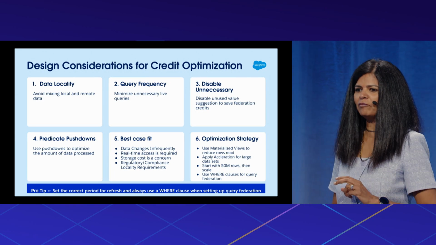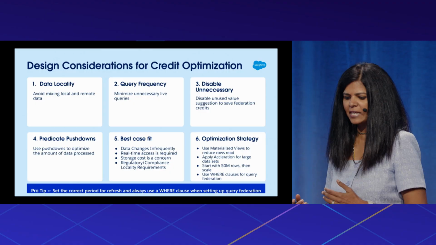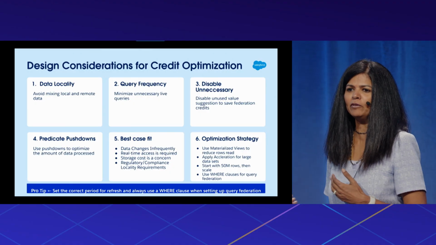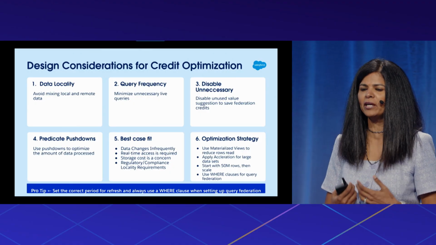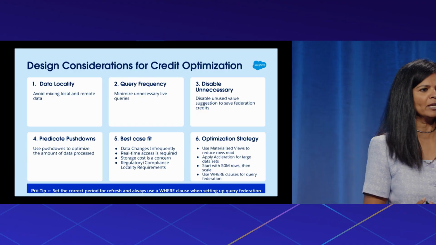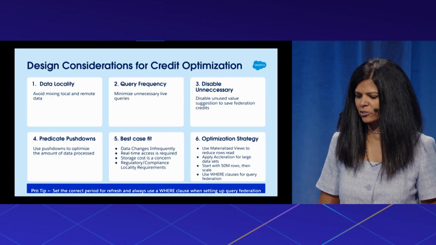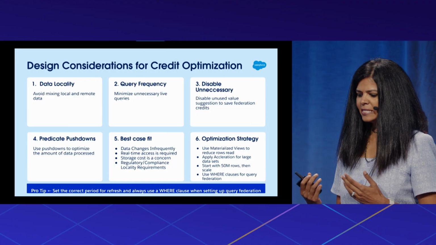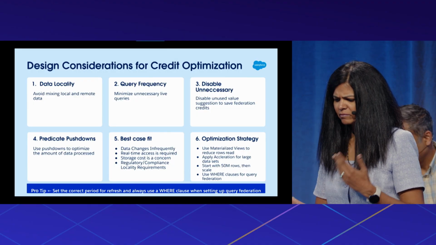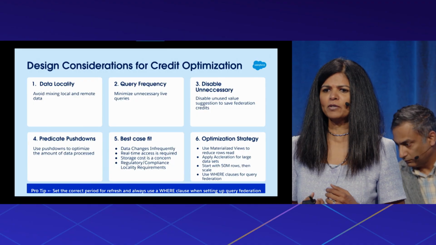Second is query frequency. Minimize unnecessary live queries. Like Vijay said, if you have that dashboard use case where 500 people are using the same data set over and over again, you don't really need it to be live. You can cache that data. Third is disable unnecessary use of zero copy data.